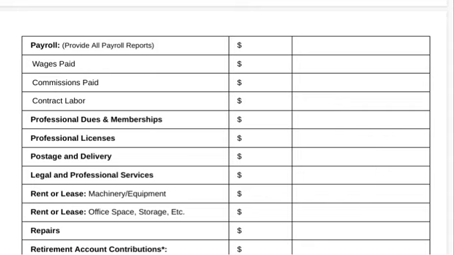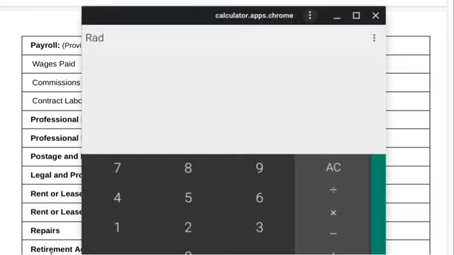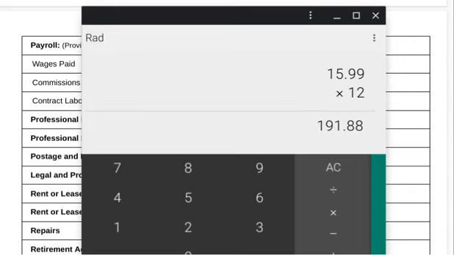Okay. Any rent or lease in regards to machinery or equipment. So if you had to rent any equipment or machinery for your business to run properly, you want to put that there. And again, I bust out my calculator. If you're renting some type of equipment on a monthly basis and you're paying $15.99 a month for that piece of equipment, and you kept it all year, then that's roughly $192 a year.